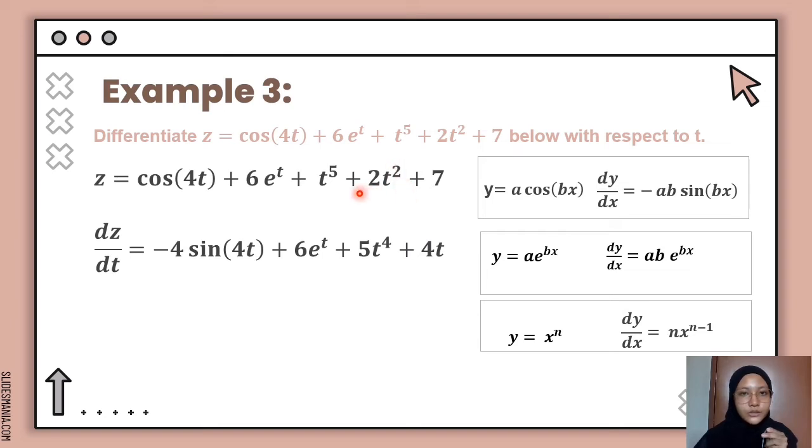So we will get 2 times 2, which is 4. And then we subtract 1 from 2, so we will get 1. So we get t to the power of 1. And for 7 we cannot differentiate it, so we will get dz/dt equals negative 4 sin 4t plus 6e to the power of t plus 5t to the power of 4 plus 4t.